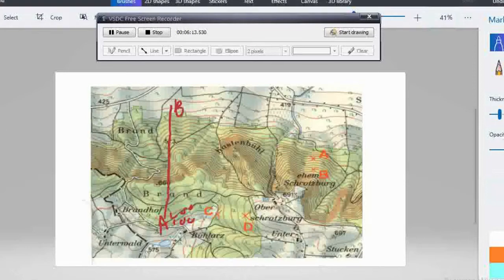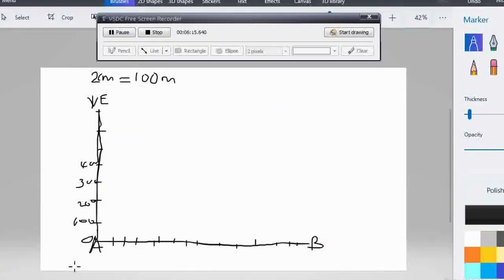In making the relief profile, you will now use their markings.